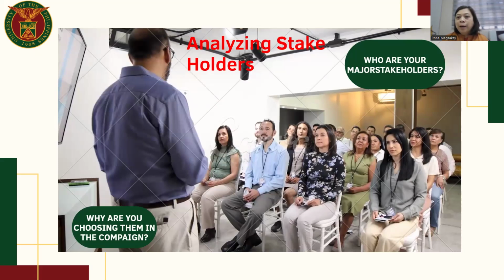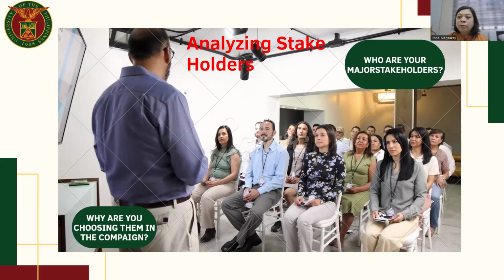Analyzing stakeholders. The first question: who are your major stakeholders? You need to consider demographic characteristics, knowledge, attitudes, and practices of your stakeholders. You should also know if your major stakeholders are in the group of young people, middle age, or senior citizens.